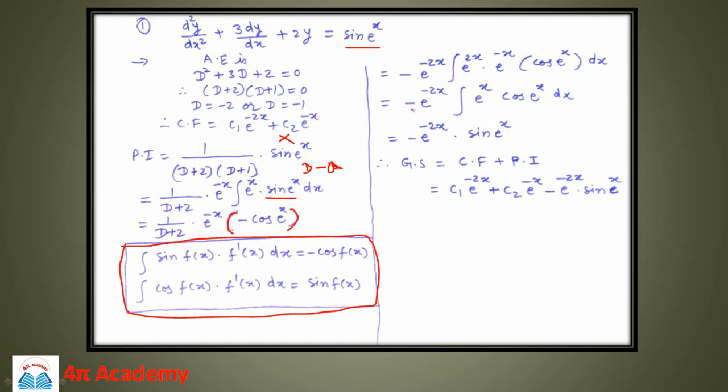So this will be minus e raised to power minus 2x into the integration of e raised to power 2x into e raised to power minus x, that will be equal to e raised to power x into cos of e raised to power x dx.